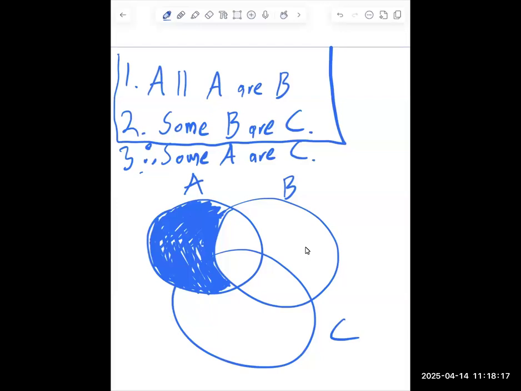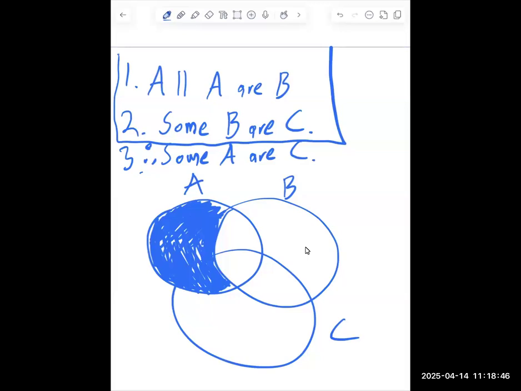So we say some B are C. And we think of ourselves as playing a game, right? We are playing this with a hostile player. She has to make this move. She has to put something where B and C overlap, but she wants to do it in a way that our conclusion is false. Can she do that?